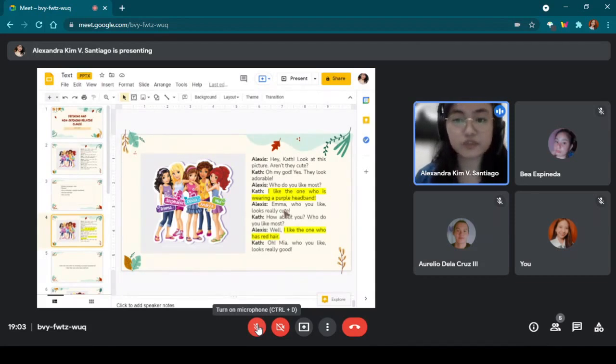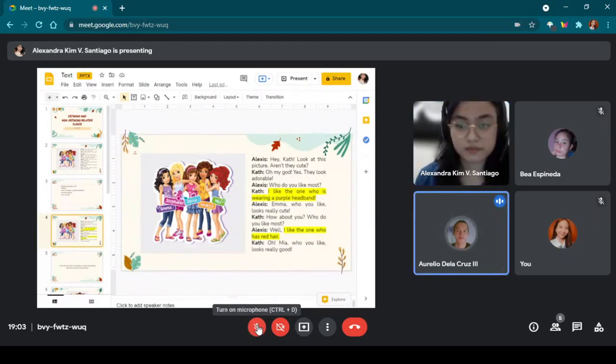How do you think she knew that it was Emma? Anyone? Okay, Mr. De La Cruz. Alexis was able to identify it because of the phrase, who is wearing a purple headband. Emma was the only one in the group who was wearing a purple headband.